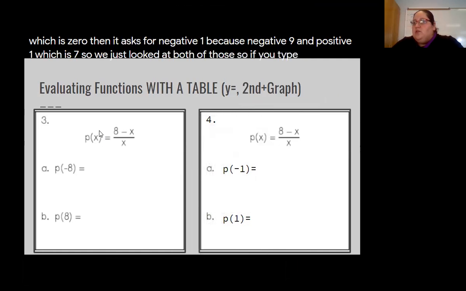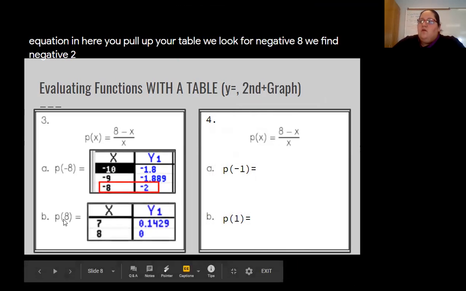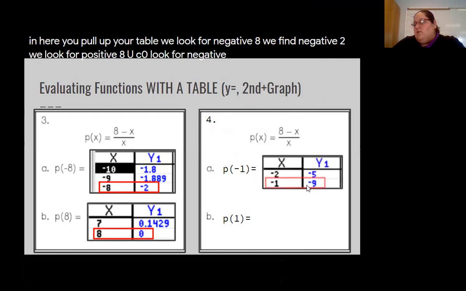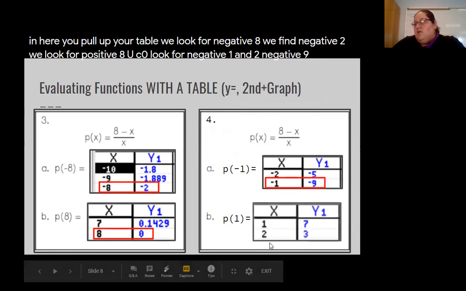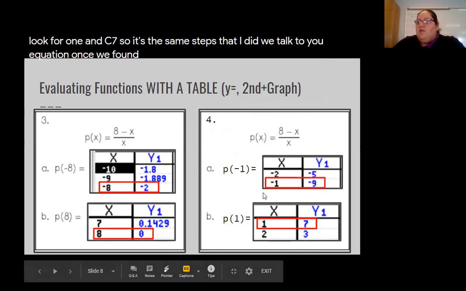If you type the equation in here, you pull up your table, we look for -8, we find -2, we look for +8, we see 0, look for -1 and see -9, and we look for 1 and see 7. So it's the same steps that I did. We typed in the equation once, and we found all the different X values and the outputs for them.